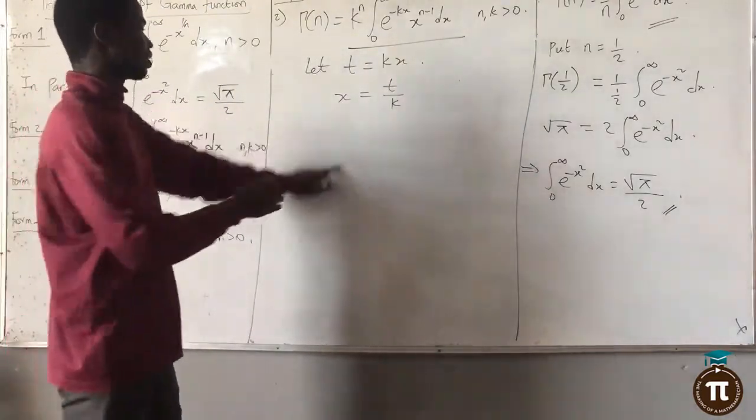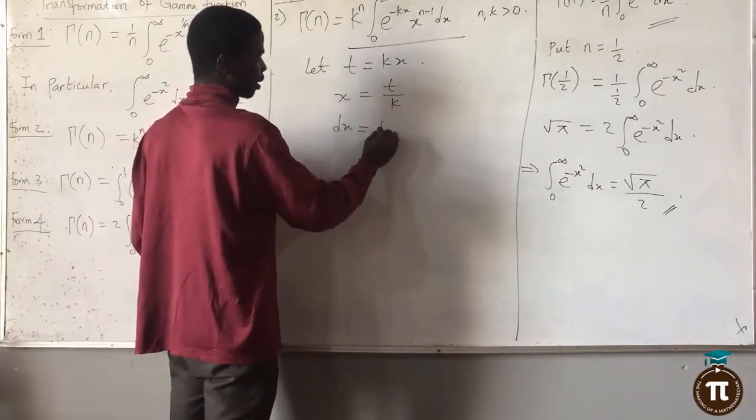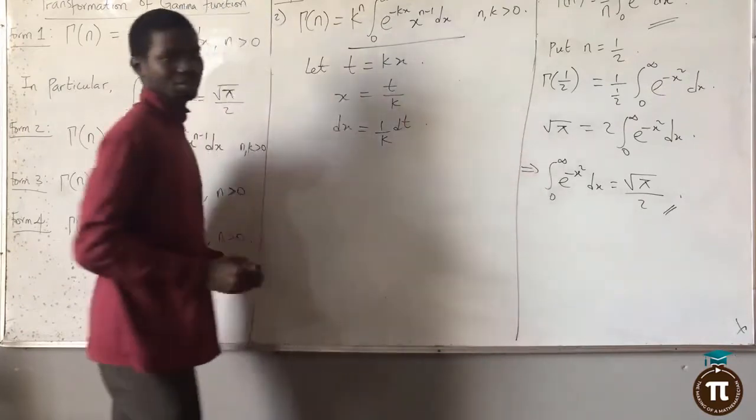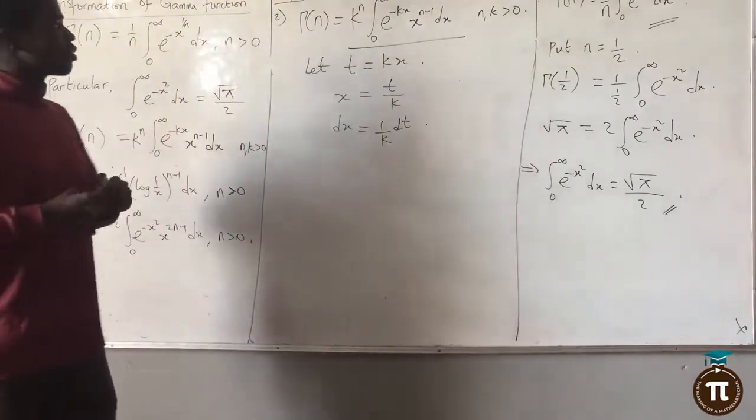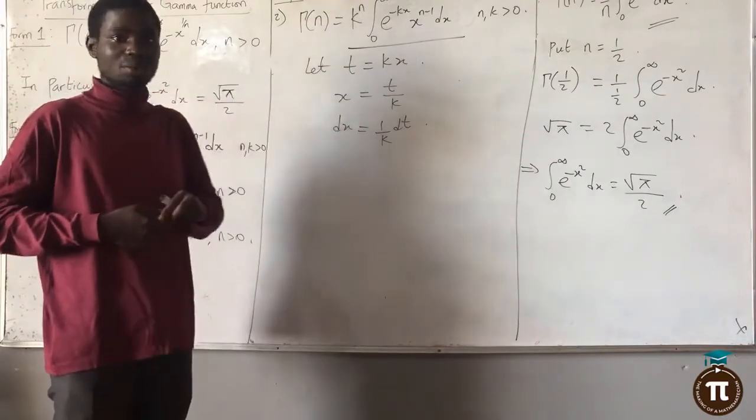Then I differentiate. The ds will be equal to 1 over k dt. So don't forget, when s is 0, t is also 0. When s is infinity, t will also be infinity.